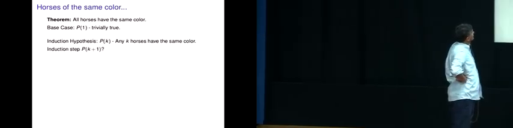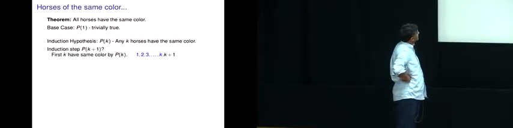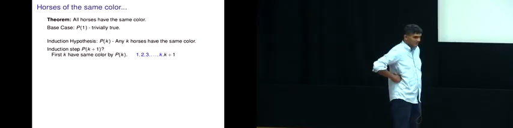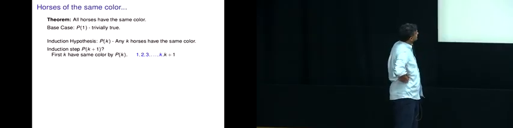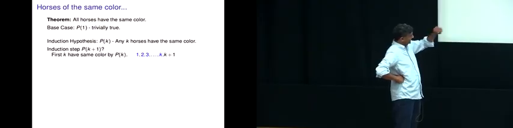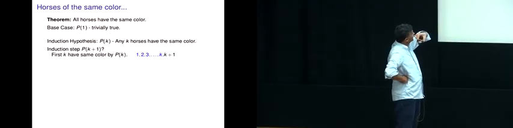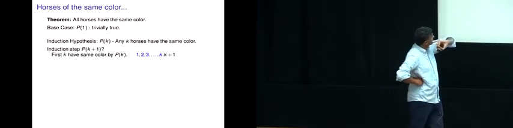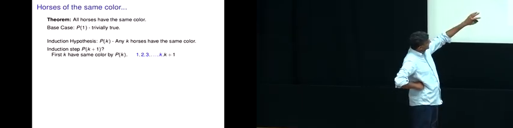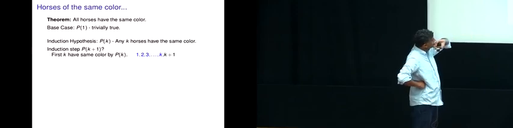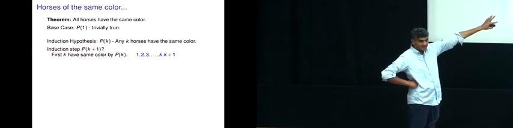So the induction step is, we have K plus 1 horses: horse 1, 2, up to K plus 1. Now I can apply the induction hypothesis that any K have the same color, and say the first K have the same color.